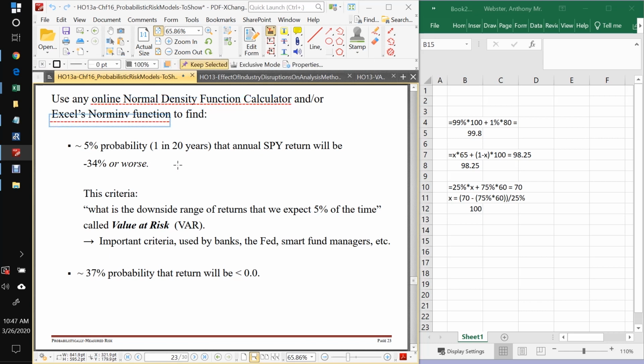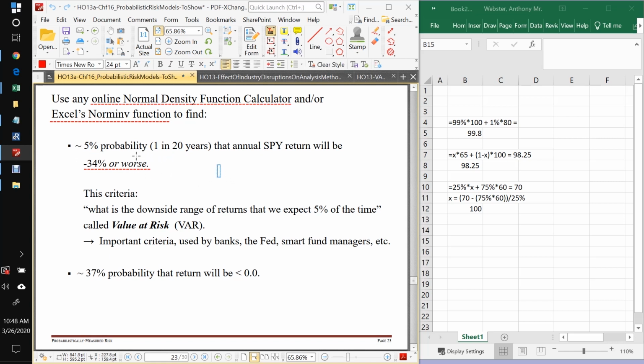For example, we could find for the S&P 500 that we have about a 5% probability, which would be once in every 20 years, that the S&P 500 or the SPY returns will be minus 34% or worse. Okay, that's pretty scary, right? That's losing an awful lot if you've got your whole retirement baked into that, or your child's college education baked into that. That could be really bad news.